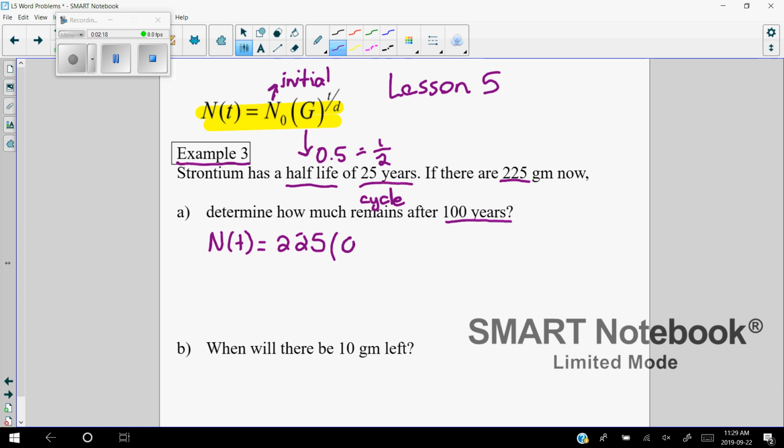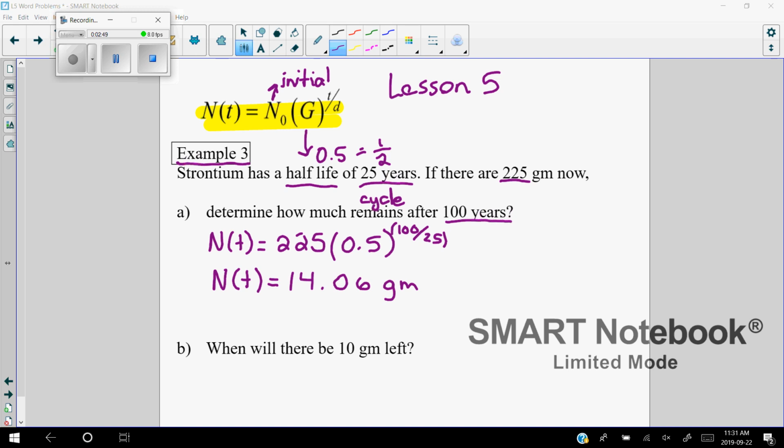My growth rate is 0.5, and then to the power of 100, which is my time, over 25. Now when you put this into your calculator, make sure you put a bracket around your exponent. Other than that, this one's fairly straightforward. There's no rounding or anything like that. So go ahead and type that in. Okay, so the answer there is 14.06 gm.